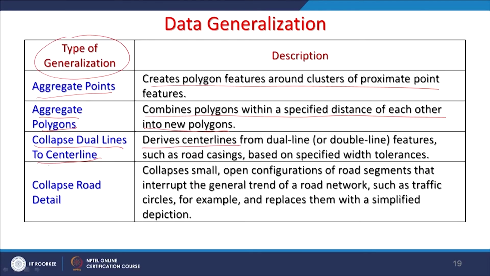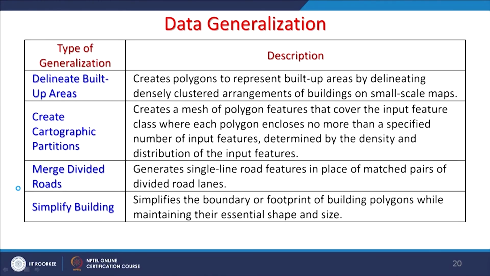And maybe collapse road details, too many details in a particular scale about the road are not required, so you can get rid of them during your generalization process. There are some other types of generalization like delineate built-up areas, create cartographic partitions, merge divided roads and simplify, because there may be a 2-lane road, a 4-lane road, and you want to merge them as a single line in your output map, because your requirement is just to show that there is a road.